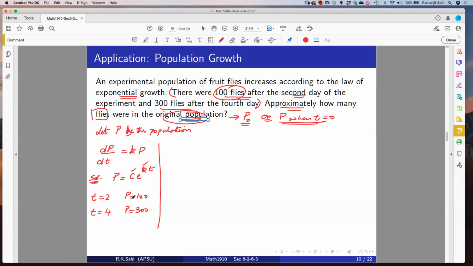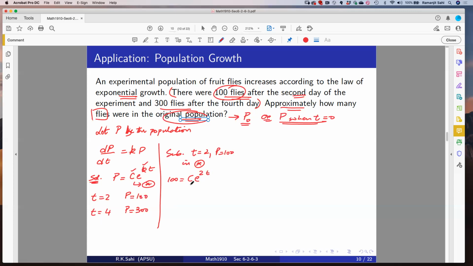So let's substitute t equals 2 and P equals 100 in this equation, say star. What are we going to get? 100 equals C e to the power 2k.